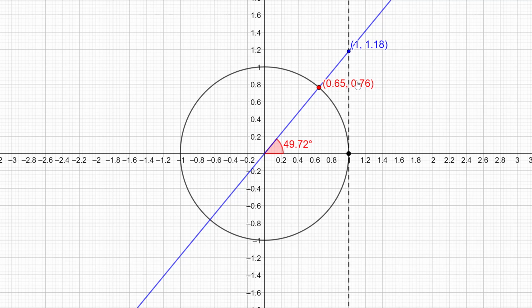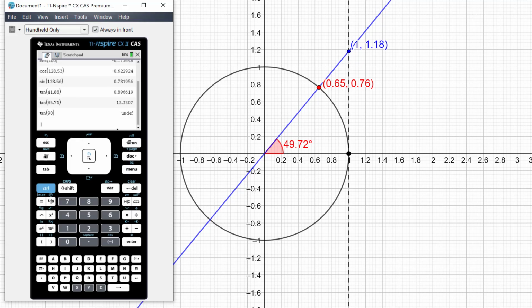We've still got the point on the circumference, corresponding to the cosine value for the x coordinate and the sine value for the y coordinate. Here cosine of 49.72 is 0.65 and sine of 49.72 is 0.76. By extending out to meet this tangent, we also see that tan of 49.72 is 1.18.